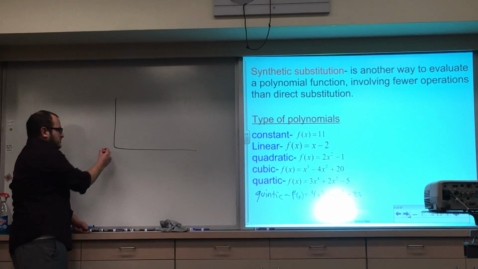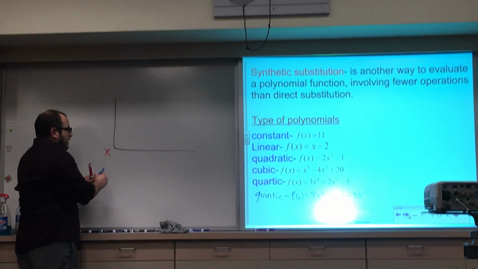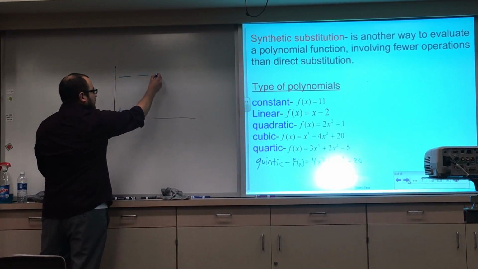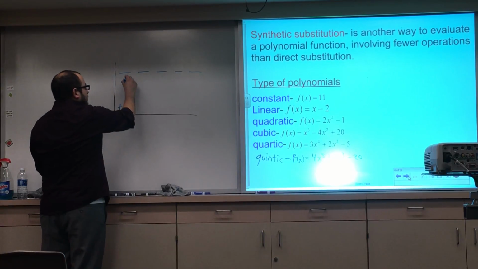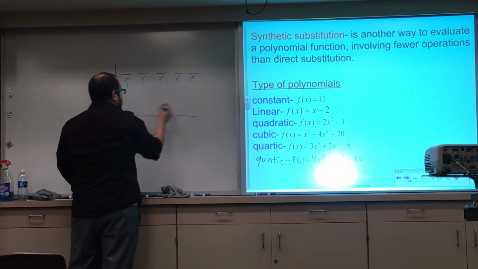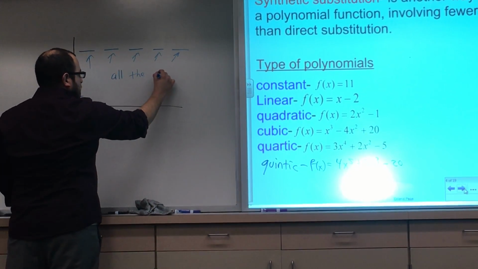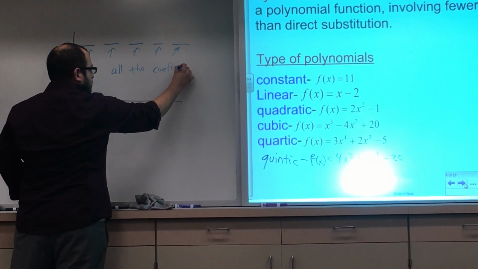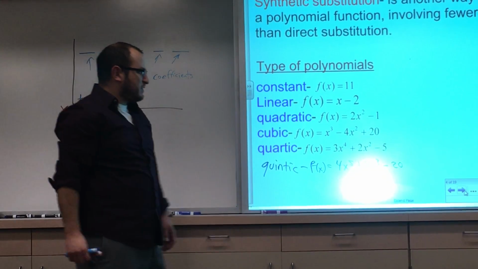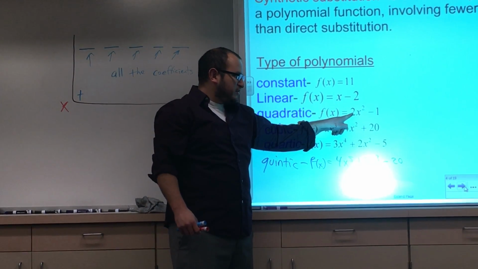Anytime you're on the outside, you are multiplying. Anytime you're on the inside, you are adding. What are you adding? We're going to see an example in just a moment. Here are all the coefficients. If you don't know what a coefficient is, just look at the examples up here. The coefficient for this is the number 1. The coefficient for here is 2.